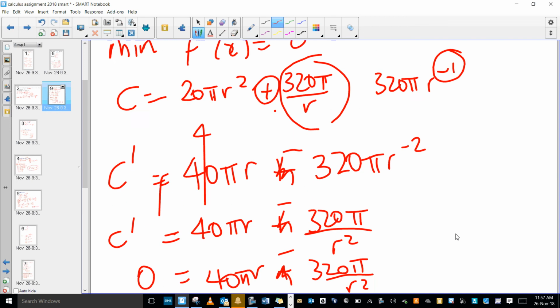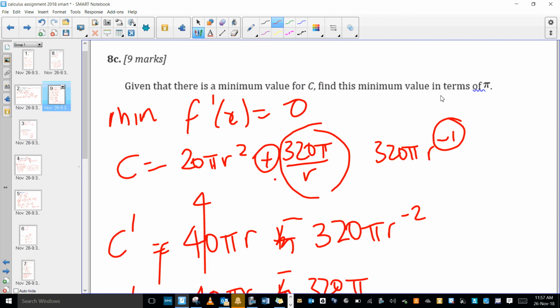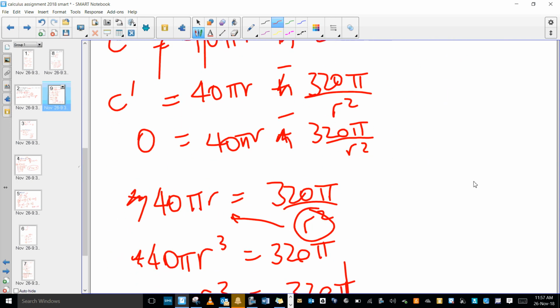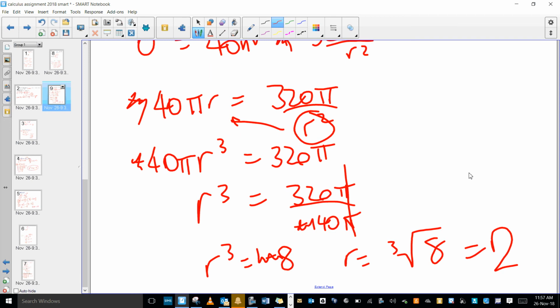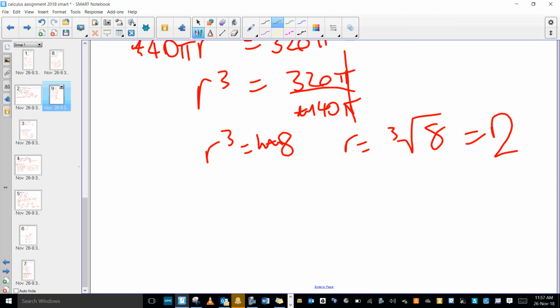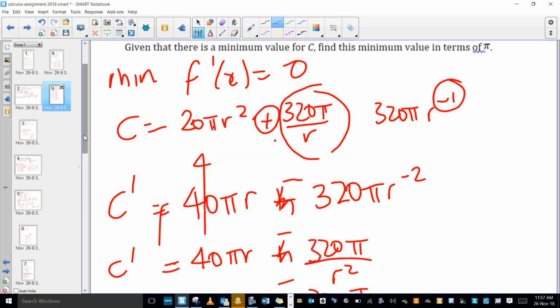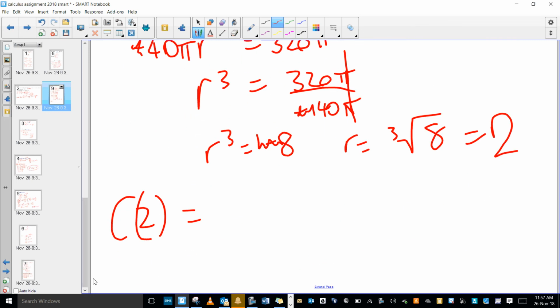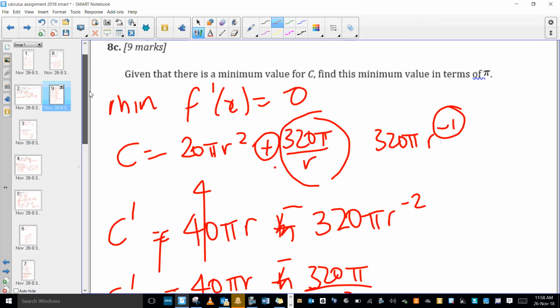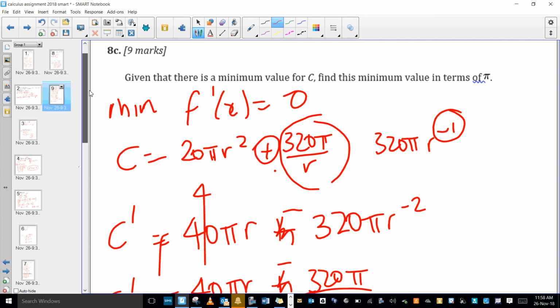But they actually want to know, find this minimum value in terms of pi. So they want to know what the actual minimum cost is. So you're now going to stick the value of r into there. So you're essentially finding C of 2. So that was 20 pi r squared plus 320 pi over r.